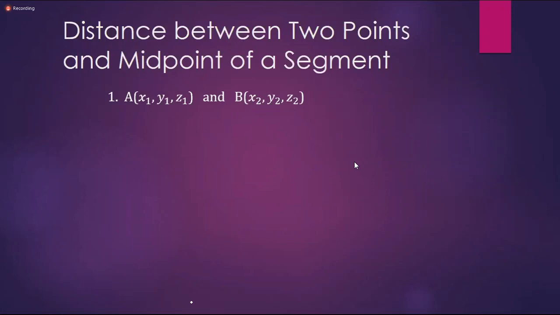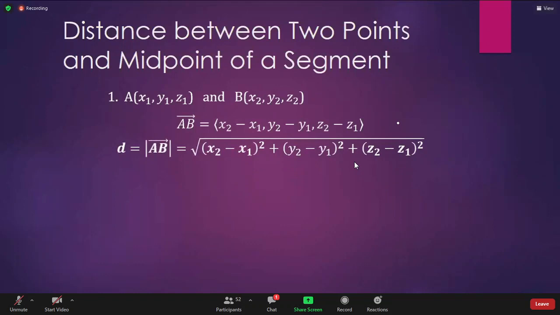So what we can understand is, evidently, if we think of the vector AB, that is, the correct differences of the respective coordinates. So x2 minus x1, y2 minus y1, z2 minus z1 is the vector AB, and the distance between A and B is basically the same as the magnitude of the vector AB.